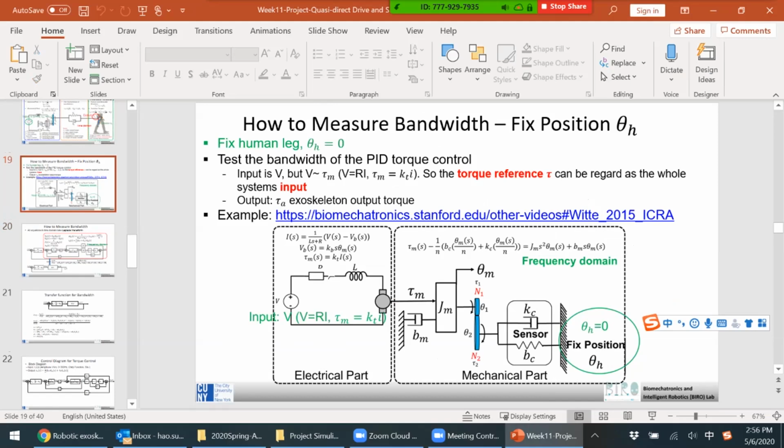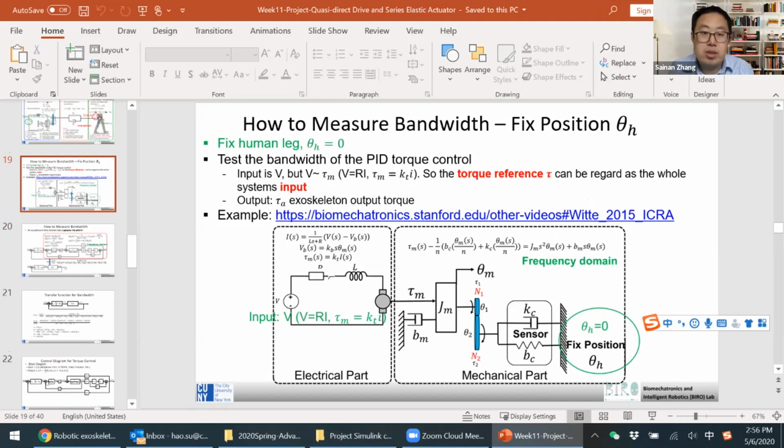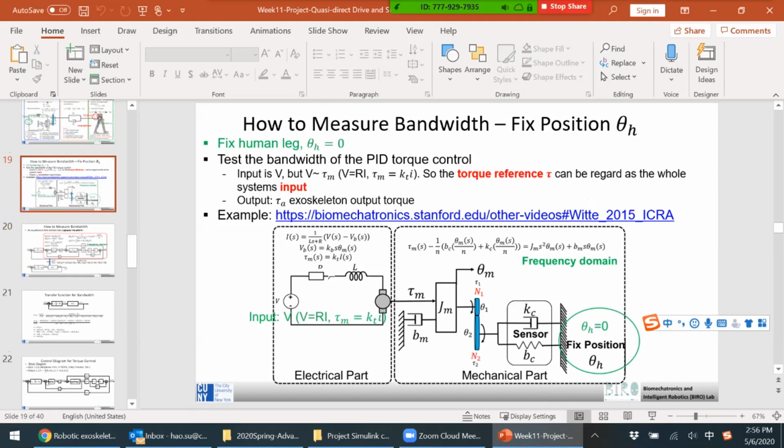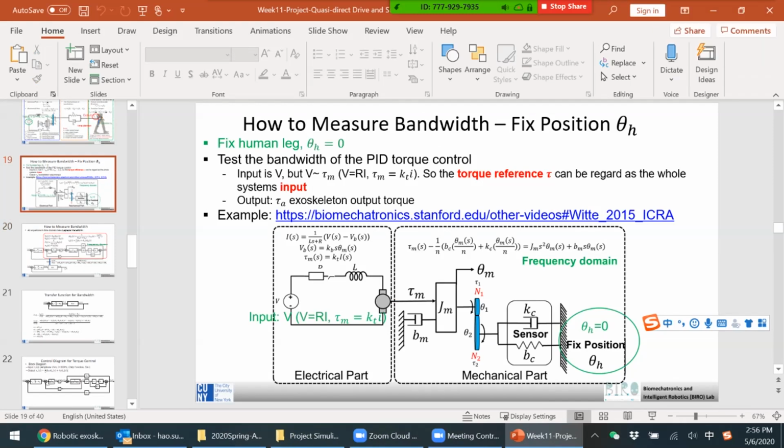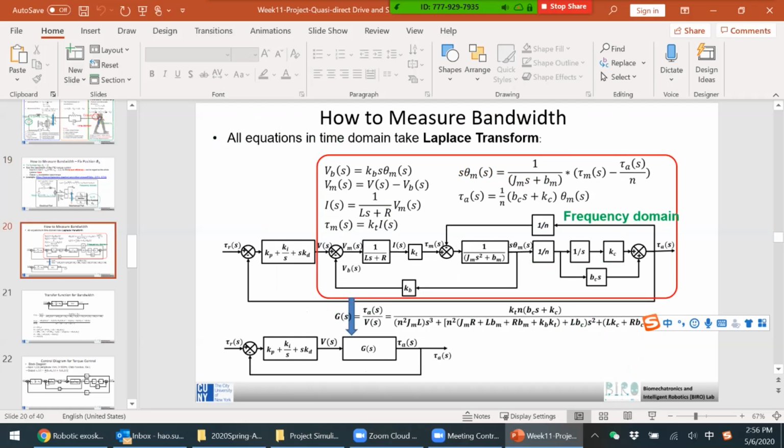Is there any relation between the PID controller and bandwidth such that you can tune the parameters of the PID? Right, good question. So to increase the bandwidth, let me rephrase your question. I think your question is how the PID controller will affect the bandwidth. Yeah.